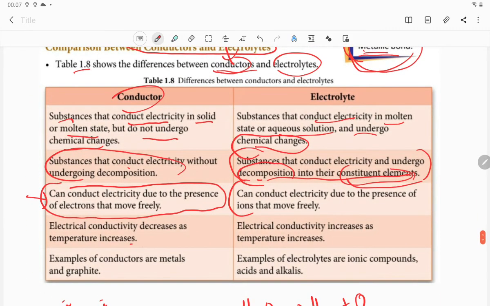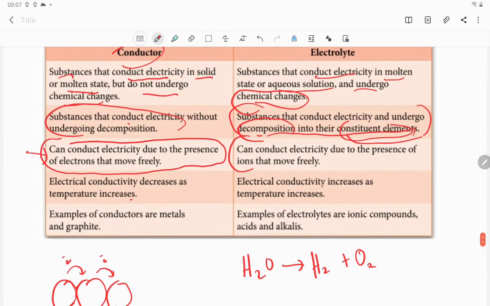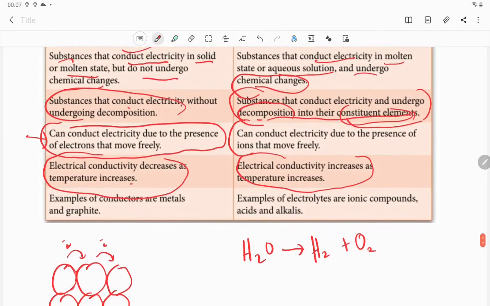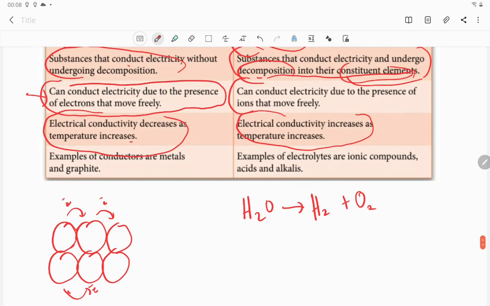Next, for conductor, electrical conductivity decreases as temperature increases. For electrolyte, electrical conductivity increases as temperature increases. Next, examples of conductors are metals and graphite. Graphite is carbon. And then examples of electrolytes are ionic compounds, acids and alkalis.